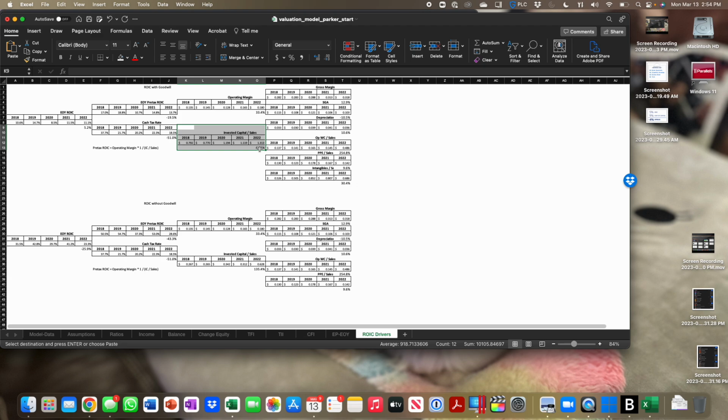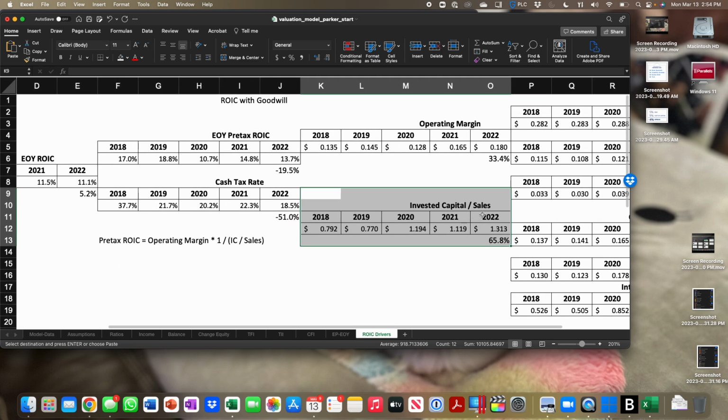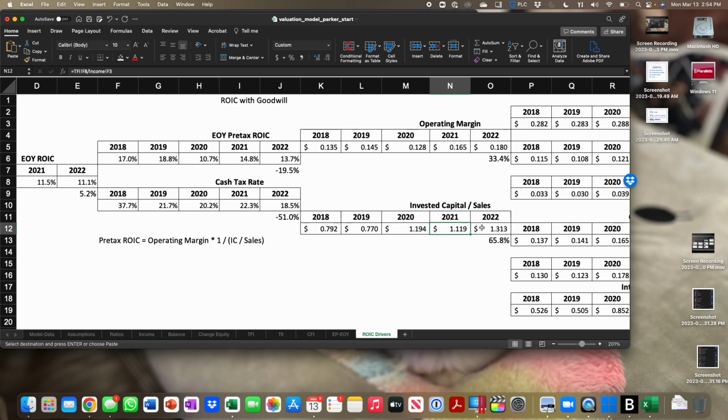Okay? Now, when we forecast a company's balance sheet, I'll use Parker Hannifin as a good example. Historically, Parker Hannifin is spending about $1.20 to $1.30 of invested capital to generate $1 of sales. I don't want my ratios to be forecasted so that they're only spending 30 cents of invested capital per dollar of sales, because that would be a completely unrealistic balance sheet.